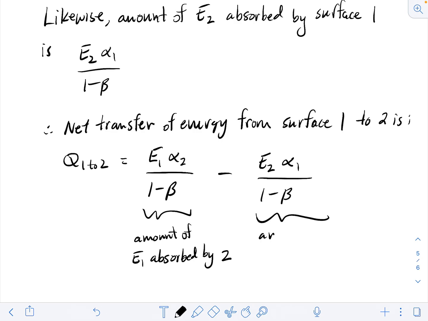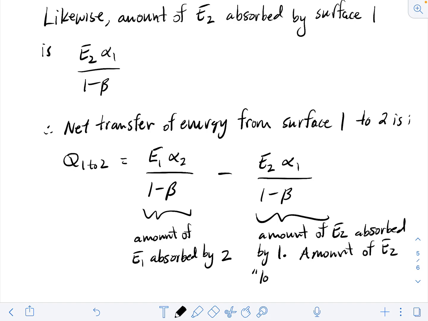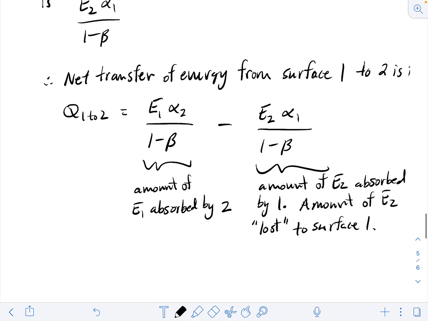And then we have E2 alpha 1 divided by 1 minus beta, and that's the amount of E2 absorbed by 1. Or another way of thinking of it is the amount of E2 that's lost to surface 1.